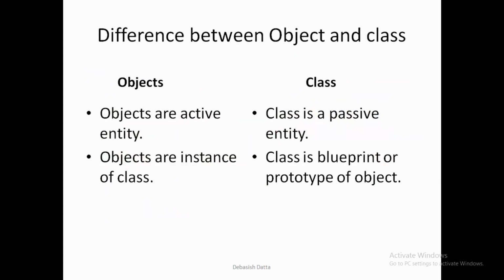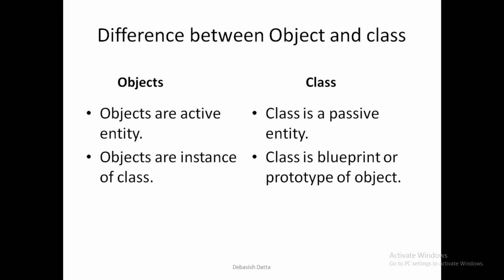Now, what is the difference between an object and a class? See, a class is a passive entity, or it is just the structure of an object. A class defines what an object will consist of, but an object is an active entity.